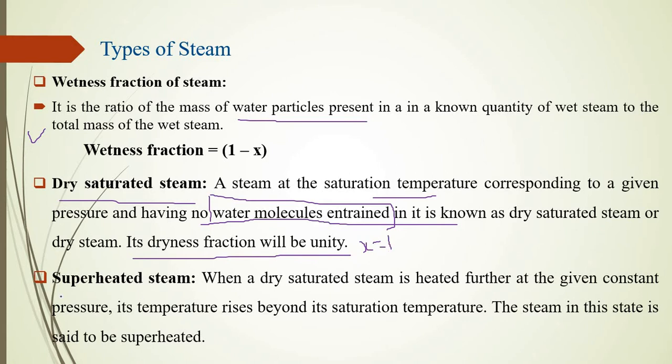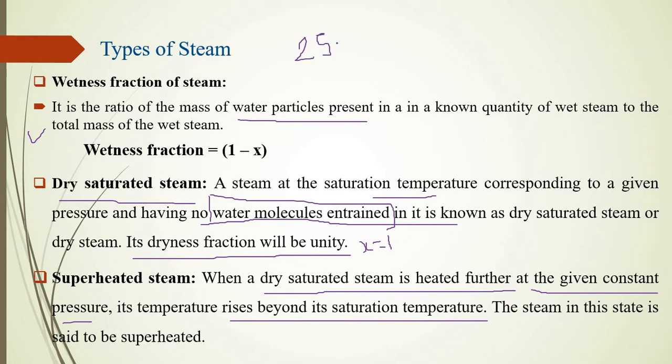Then the next definition is superheated steam. When dry saturated steam is heated further at a given constant pressure and its temperature rises beyond its saturation temperature, that steam is called superheated steam. Let me explain with an example. If you start boiling water from 25 centigrade, it is completely in liquid form.